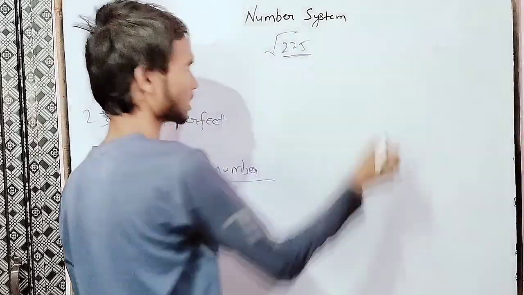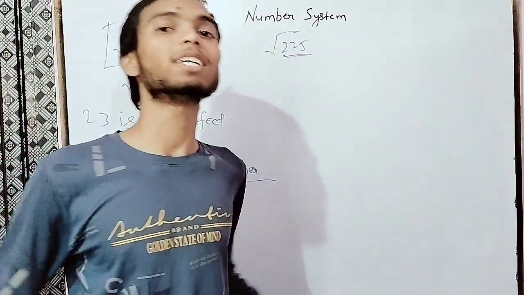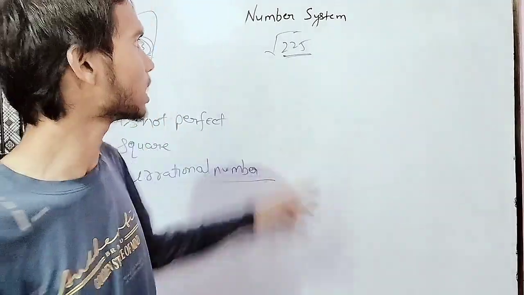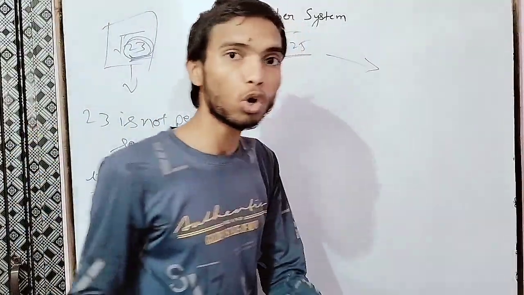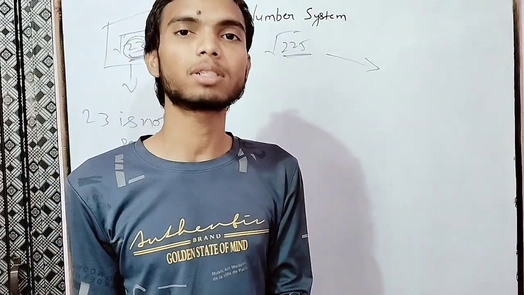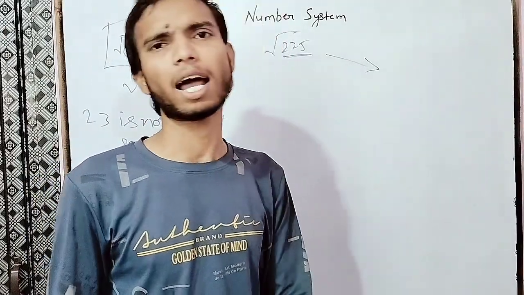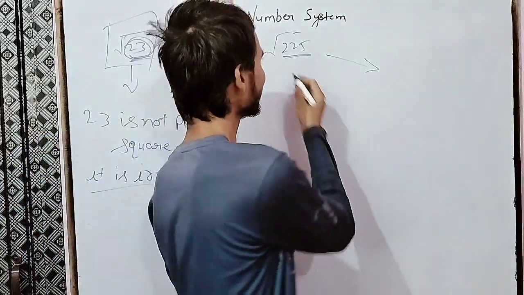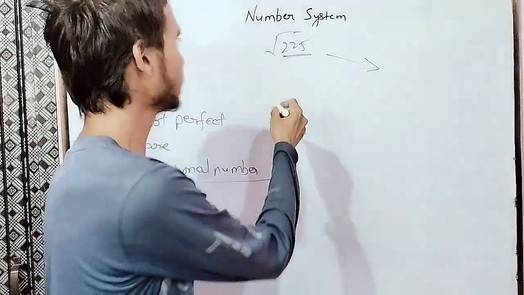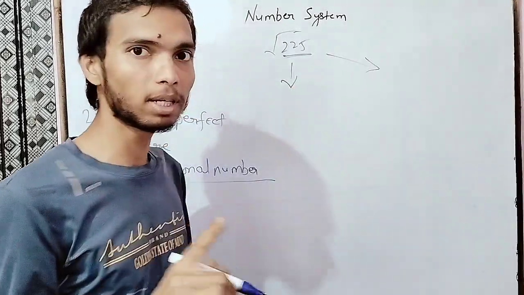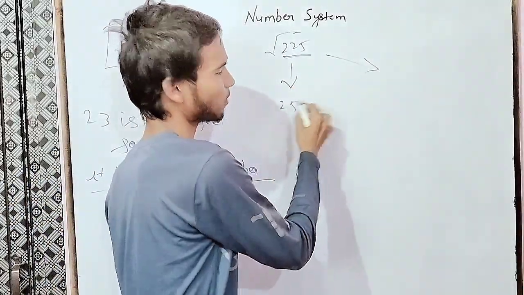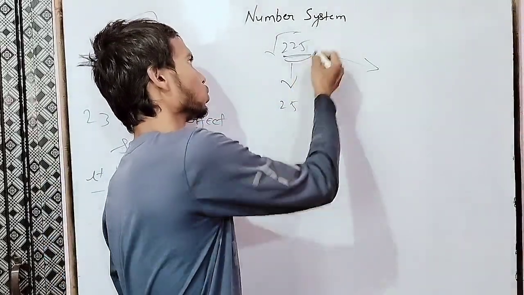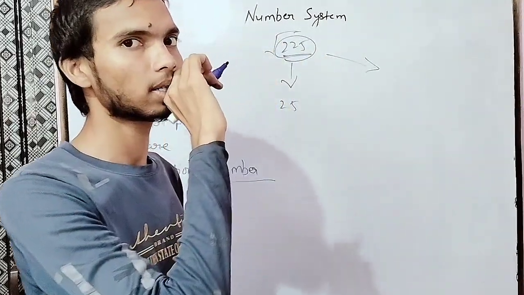Now in this case, 225 is a perfect square. That's why this type of number is considered rational, because after simplifying it will be, 25, I think. So this is a perfect square.